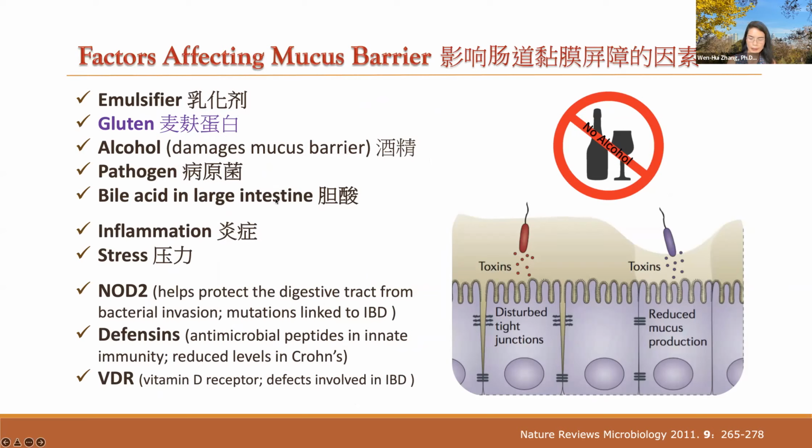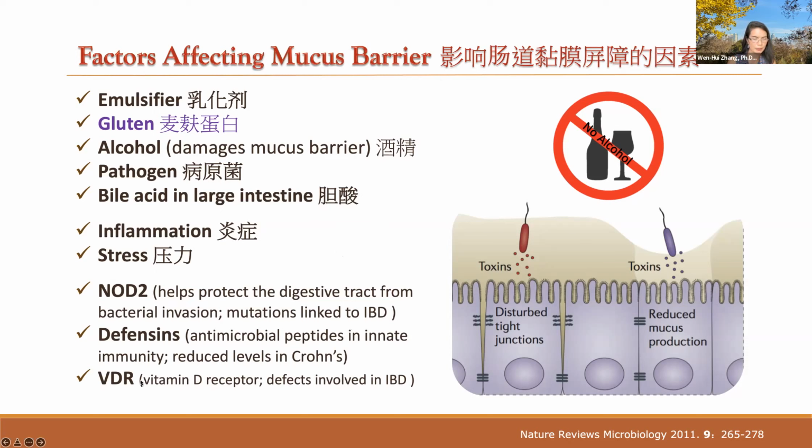When we have taken high fat food, the gallbladder will release lots of bile acids, and then the bile acid may not be able to recycle efficiently. So then there'll be bile acid in the large intestine that will still cause irritation in the large intestine, inflammation and stress. And some individuals may have genetic variations that make them more susceptible to mucous barrier impairment.